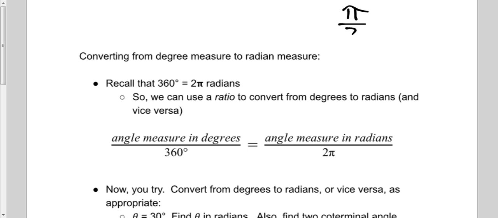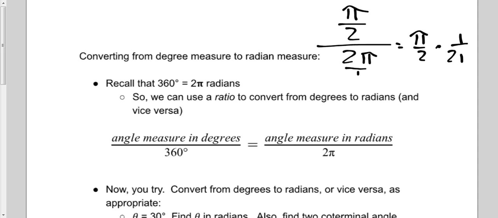How do I divide a fraction by a fraction? Multiply by the reciprocal. So I go pi over 2 times 1 over 2 pi. Pi's cancel out, right? Then I get 1 times 1 is 1. 2 times 2 is 4. So we see how that works. We just set up a ratio and we solve for our variable.